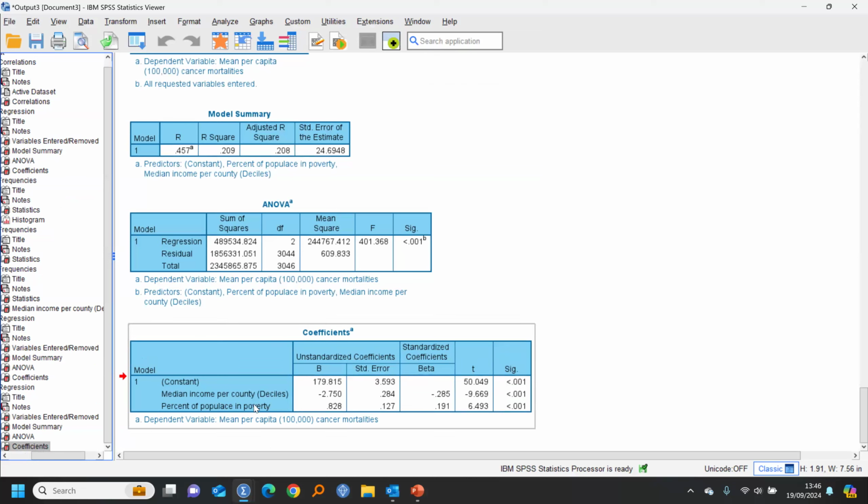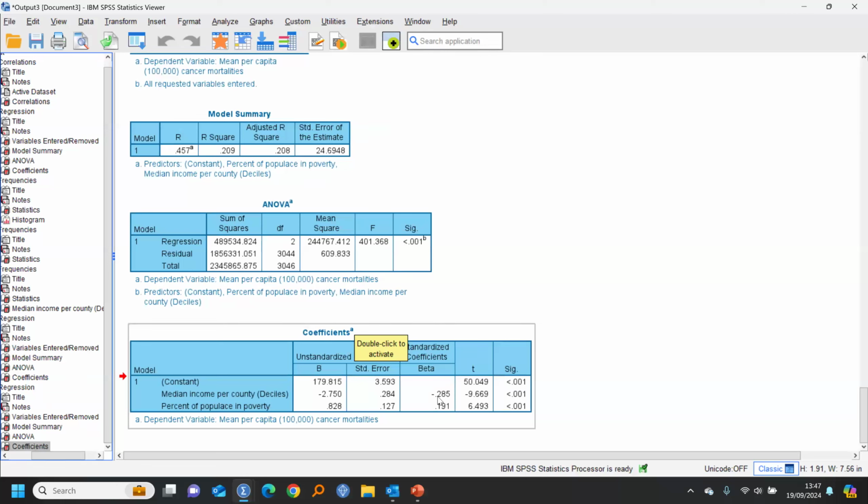If we're controlling for the presence of this other variable, which is not independent of income, of course they're related to each other, then the amount of unique correlation, what's called the partial correlation, between this variable and the dependent variable in the presence of percent of population in poverty, has dropped now to minus 0.285, and this one is only 0.191.